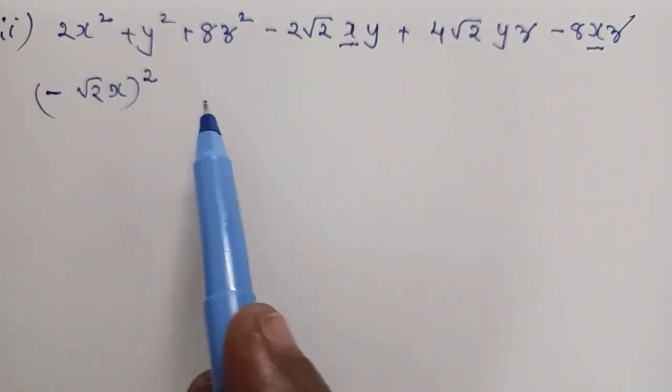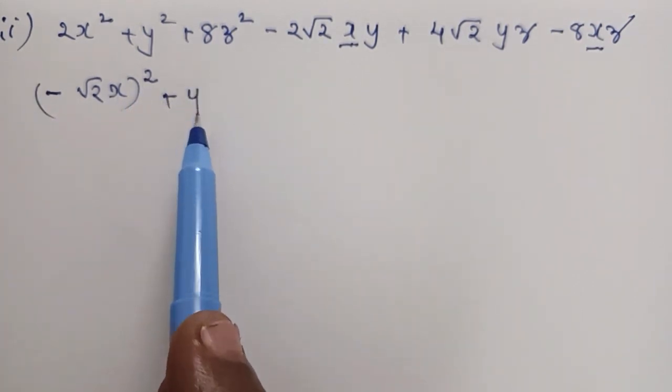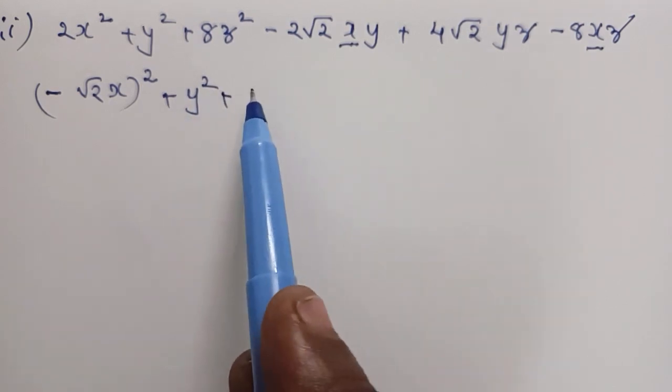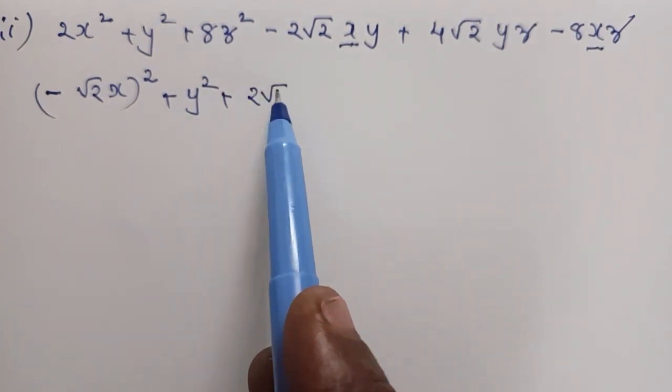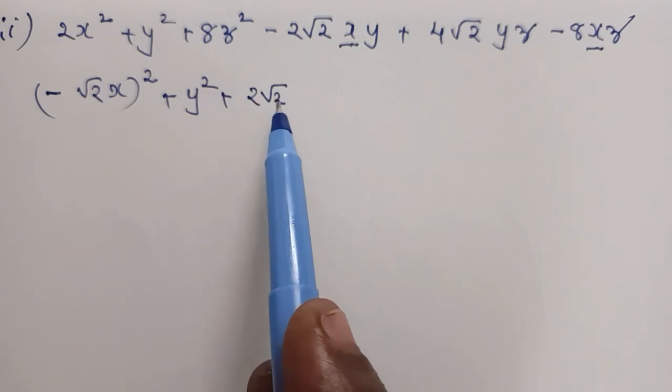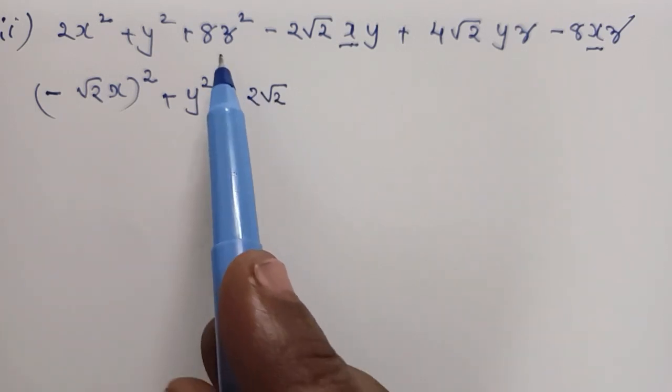Minus root 2x the whole square, plus here it is y square, plus 8 is same as 2 root 2 the whole square. 2 square is 4, 4 into root 2 square is 2, 4 into 2 you get 8.